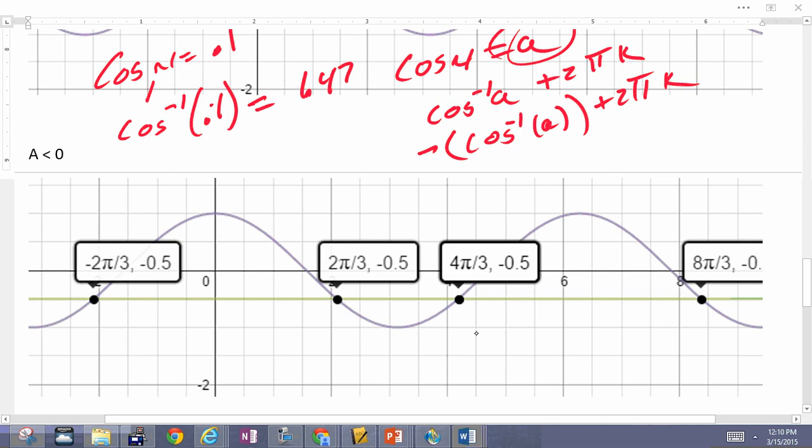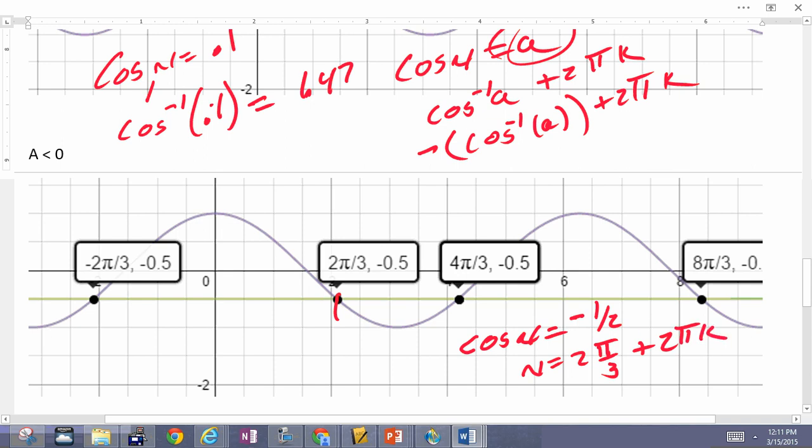We'll show you that over here. If the question is where is the cosine of x equaling -1/2, then x equals 2 pi over 3 plus all subsequent solutions.